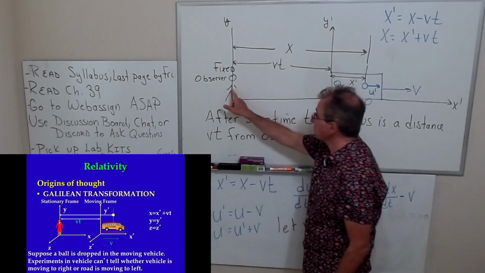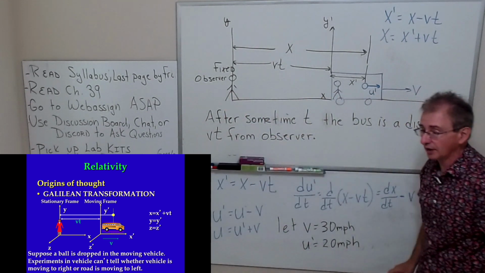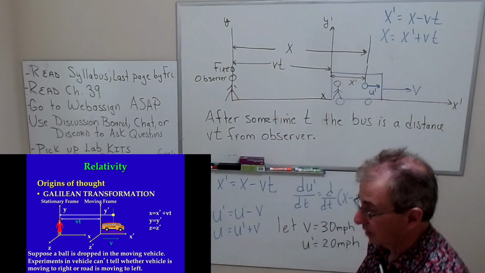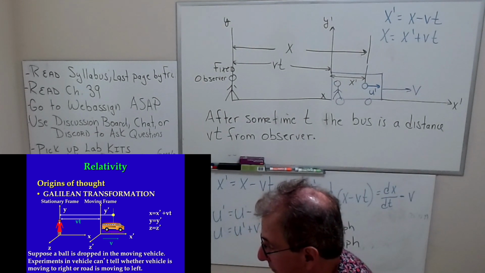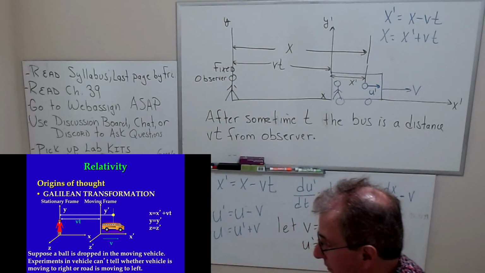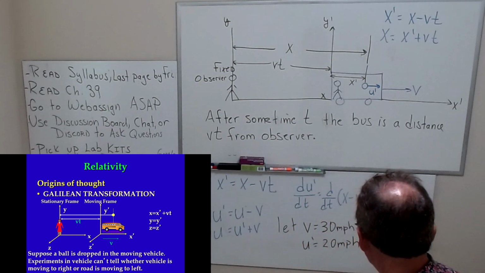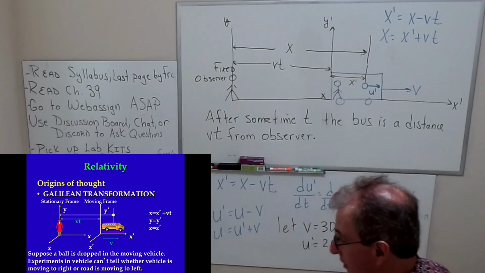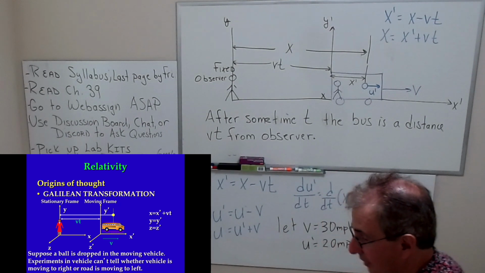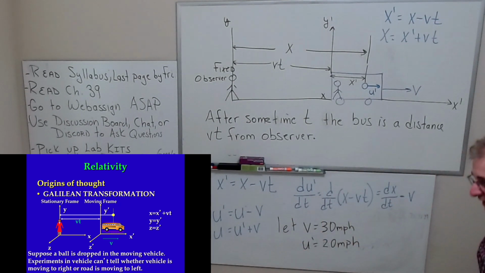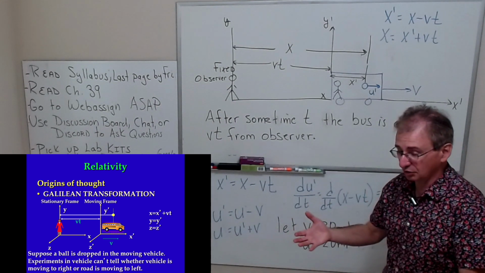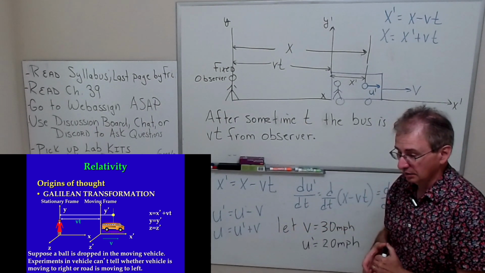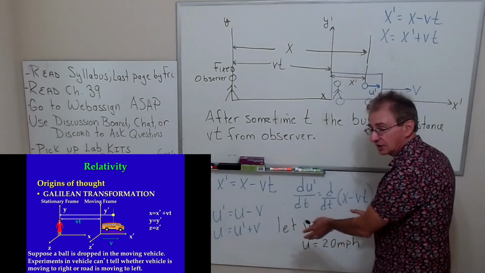If this person measures the speed of the ball, what are they going to measure? It's not a trick. It's just going to be 50. Yeah, that's it. I mean, it's a common experience to us, right? That's how we measure relative velocities.